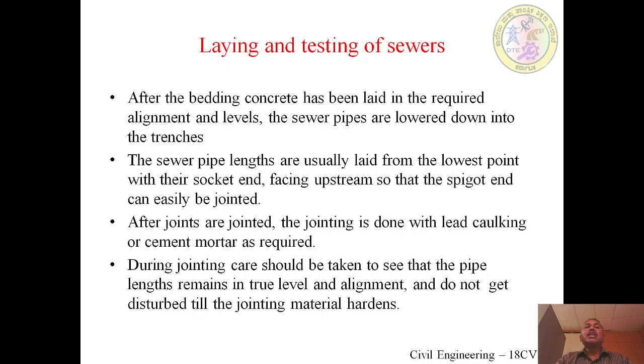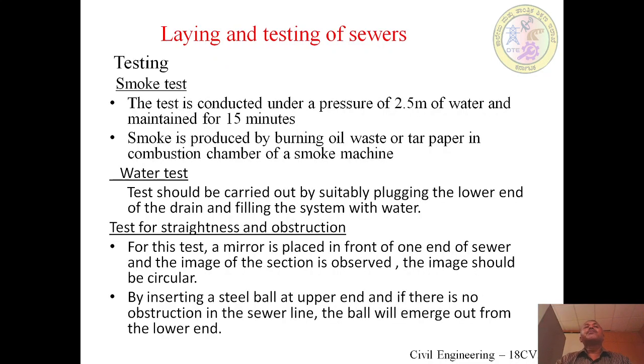After the pipes are joined, the jointing is done with lead caulking and also with cement mortar as required. During jointing, care should be taken to see that the pipelines remain in true level and alignment and do not get disturbed till the jointing material hardens.